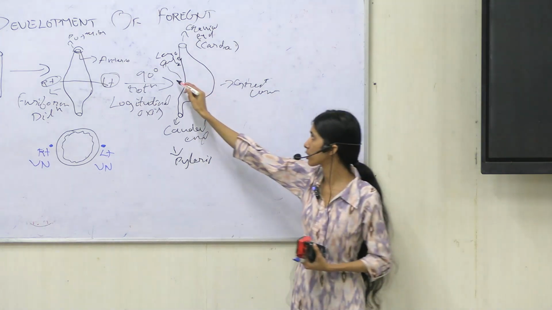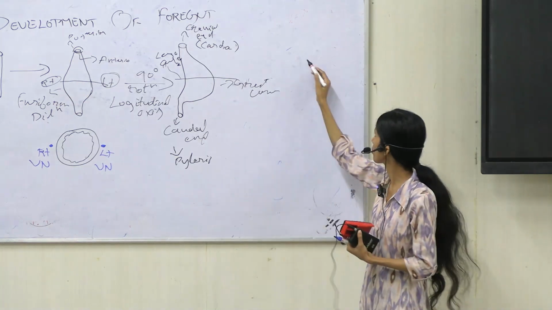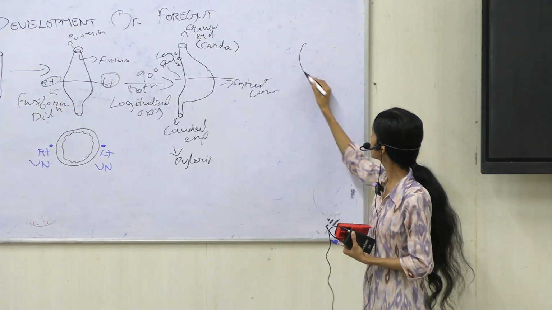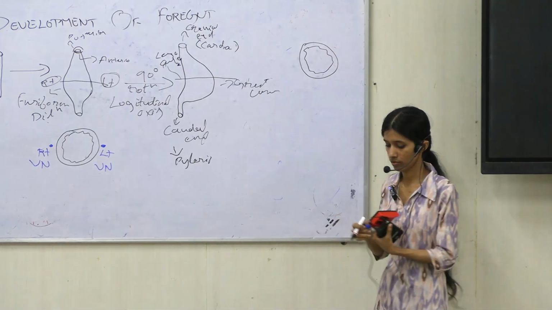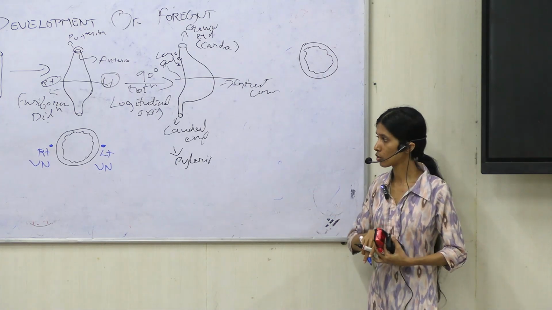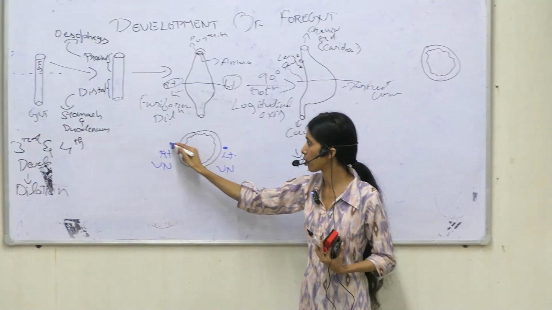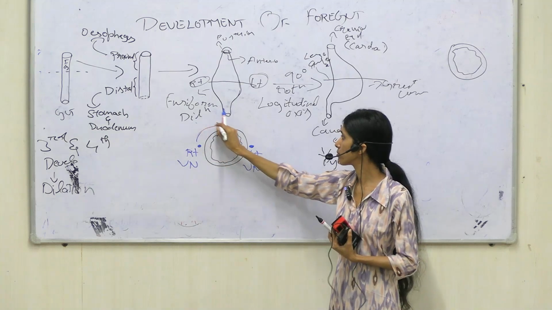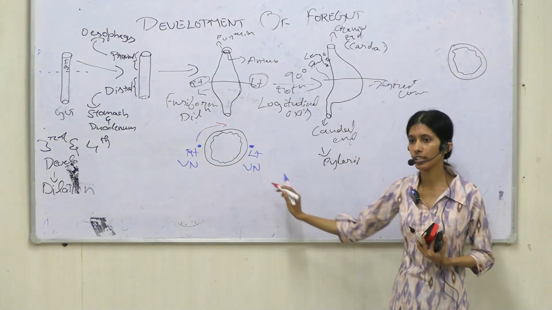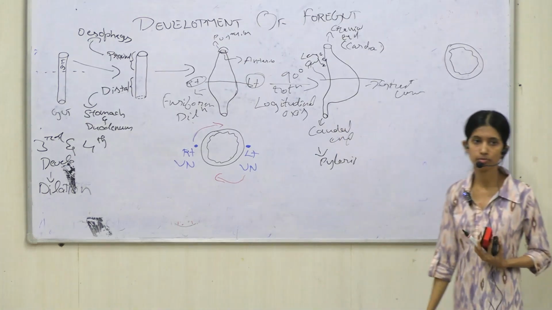So if I take the cross section now here, this is how the structure is going to appear. So whatever the right vagus nerve present here is now going to move in this direction. And the left vagus nerve is going to move in this direction.